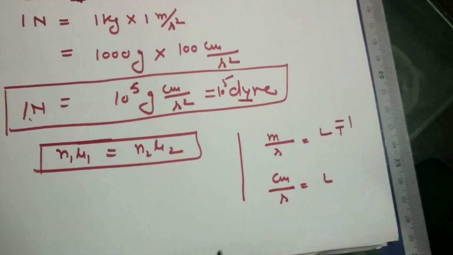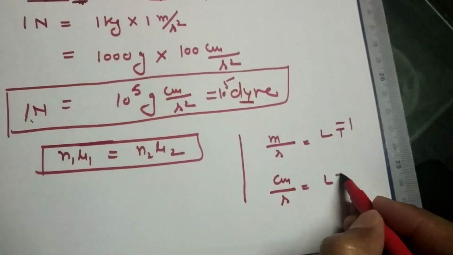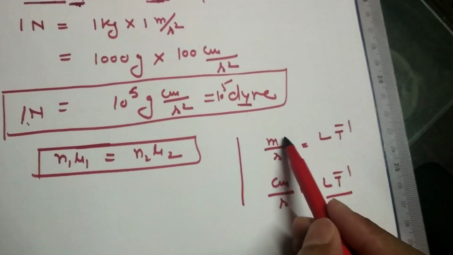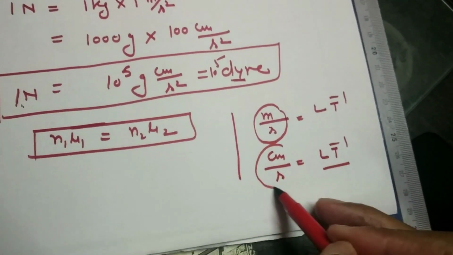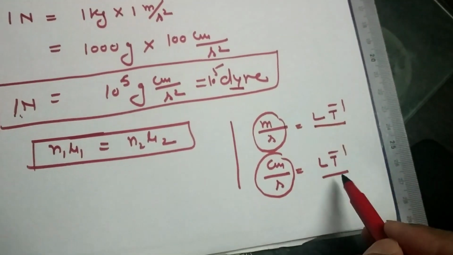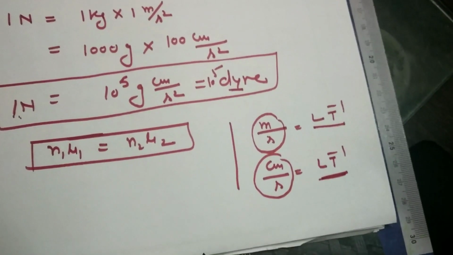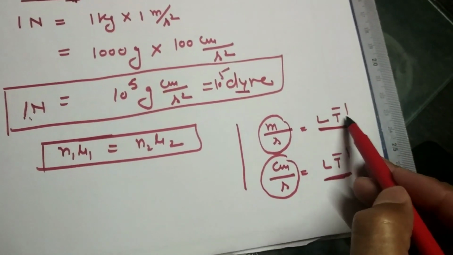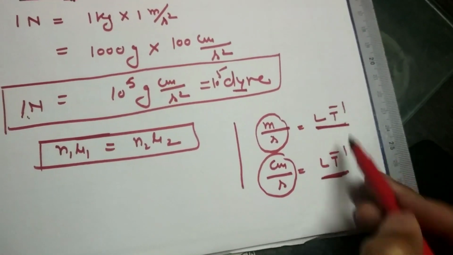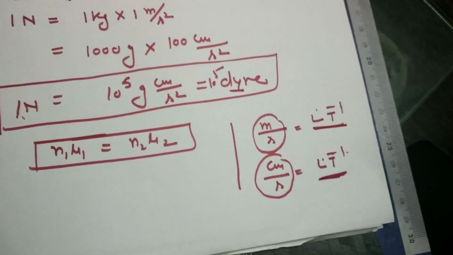Centimeter will also be in the L form, and T minus 1, LT minus 1. It means when we take the unit in a different unit system, the dimension formula will not change, and the dimensions also will not change. Minus 1, minus 1, 1 and 1.